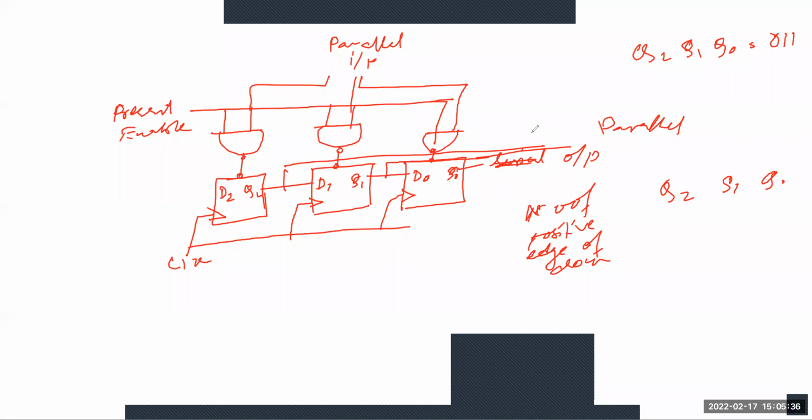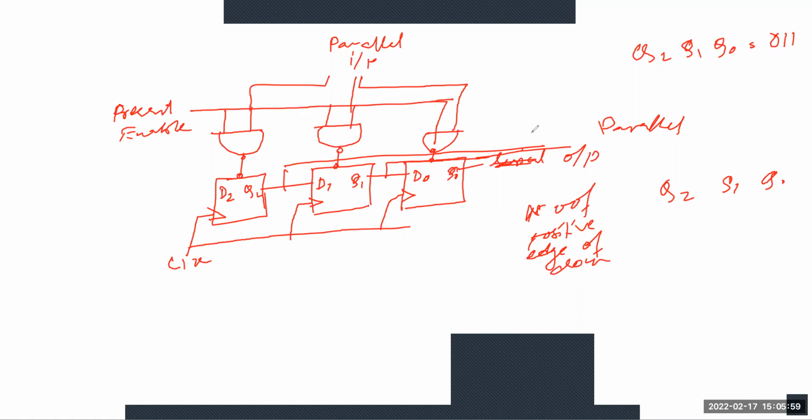Now, for this case, again, let us see the working of the 3-bit PIPO shift register by applying the binary information, that is 0, 1, 1 in parallel to the preset input. So for this case, again, Q2, Q1, and Q0 equal 0, 1, 1.